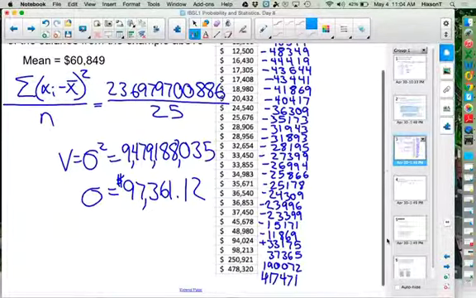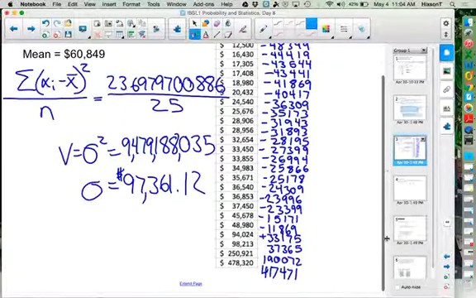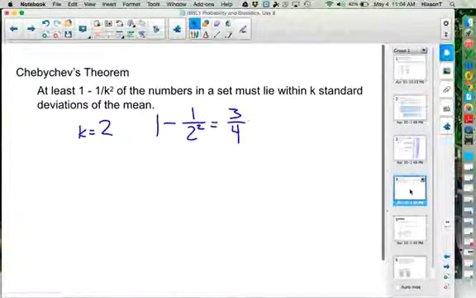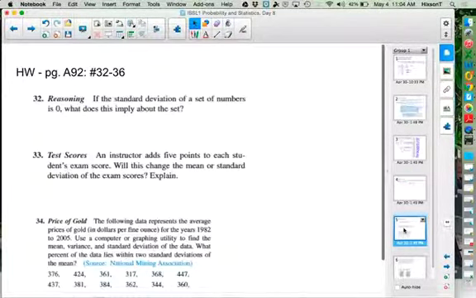So look at our data. All but one of our data points lies within that range. So it works here. It's at least 75%. So, I have an interesting little theorem there. Chebyshev's theorem. I listed some problems for you to try. Take the time to do them. Okay? Have a good day.